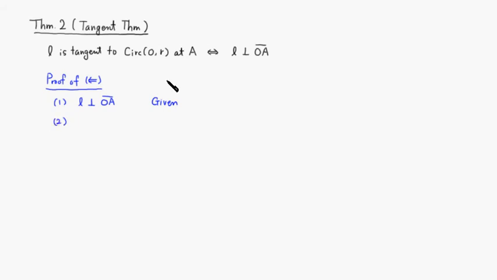Alright, so let's make an assumption for an indirect proof, saying that L is not tangent to the circle, which means that there could be another intersection point.